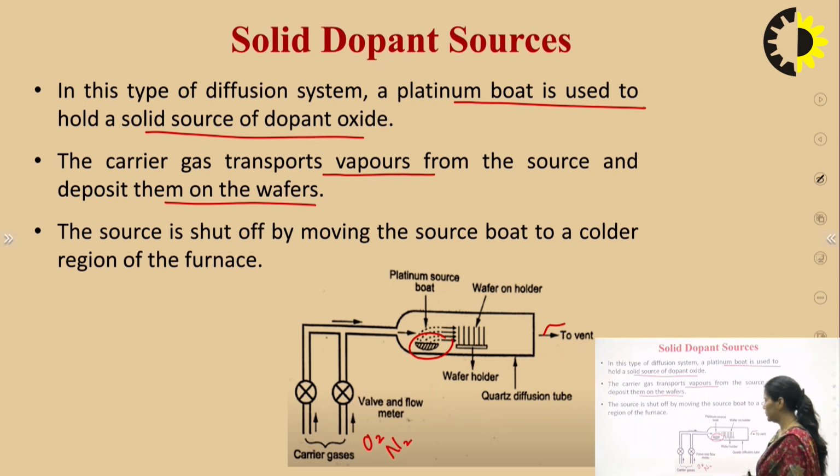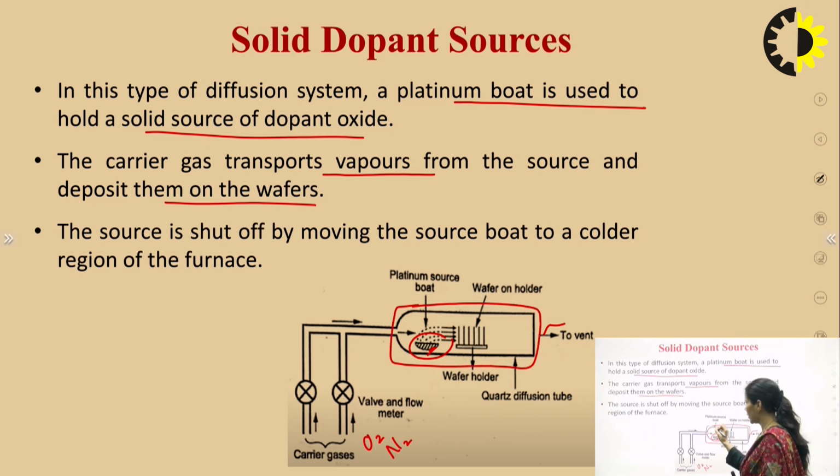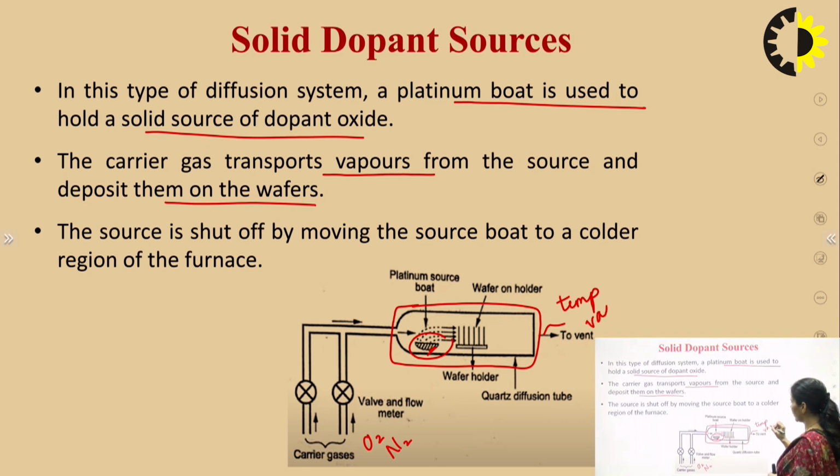These two are used as the carrier gases. Now, here the dopant is in the solid form. This boat is transferred to that section of the furnace where the temperature is high, so that the solid dopant can be converted into vapors.